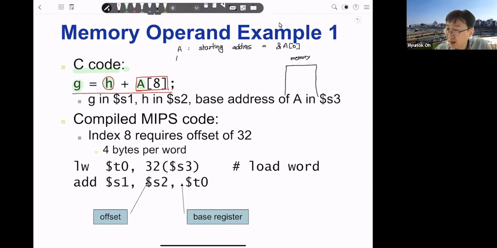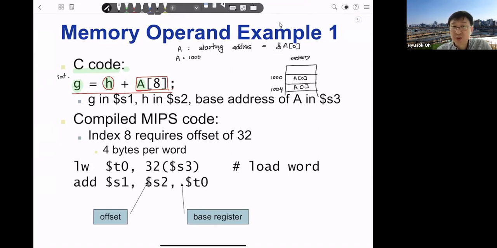So for instance, A is 1000. Here, array A is stored, okay? So the A[0] value is stored here. And then let's assume that this is integer type. Where is the A[1] array location? What's the address of that? 1004, right?